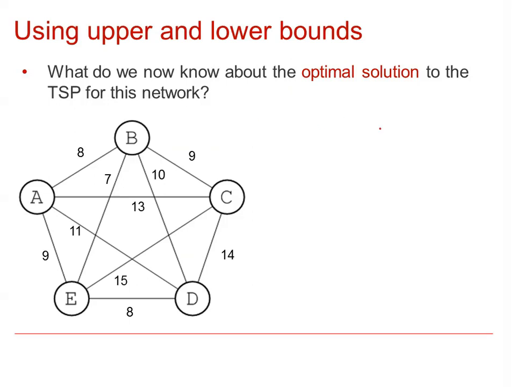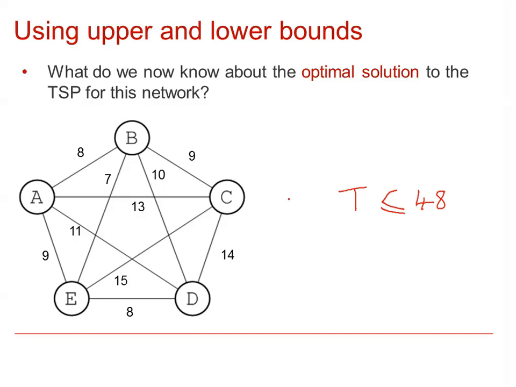So what do we know now about the optimal solution to the travelling salesperson for this network? If we let the optimal tour be t, we know from the previous video that the upper bound was 48. And because the upper bound is a valid solution, we know that the optimal tour is less than or perhaps equal to 48.